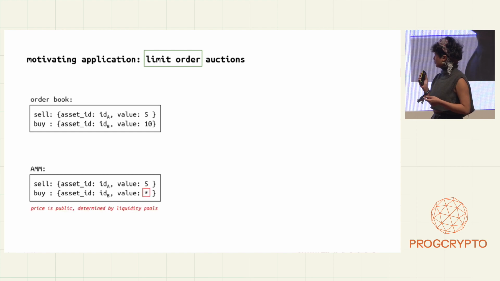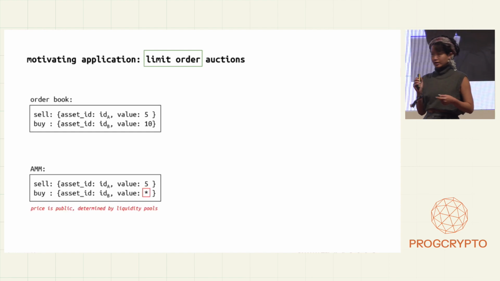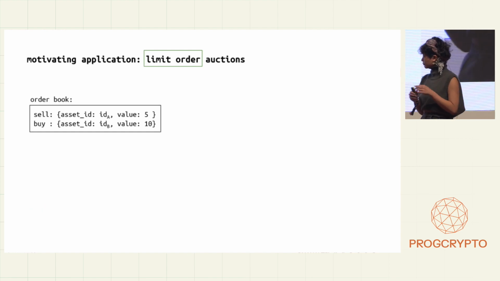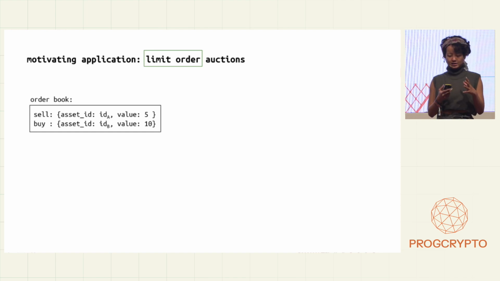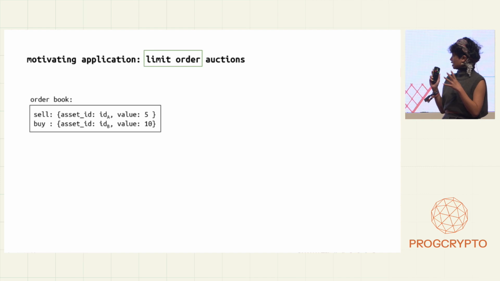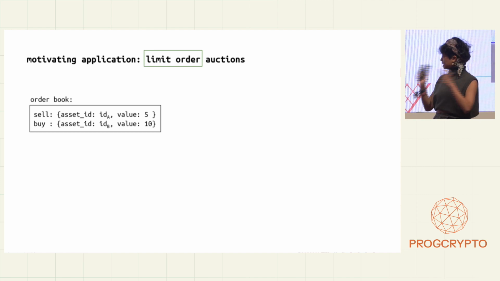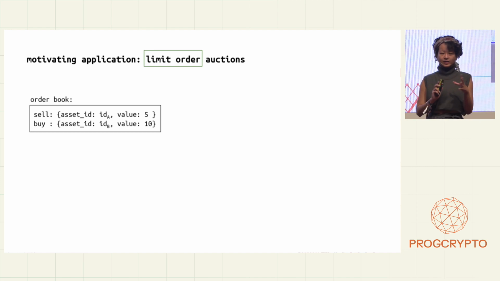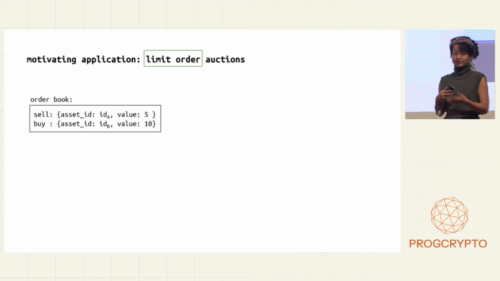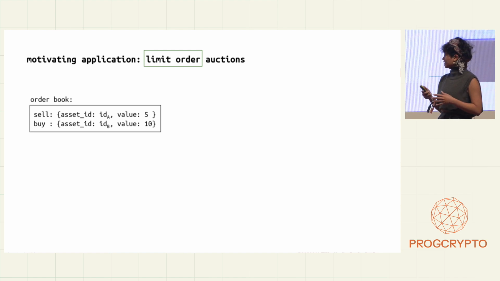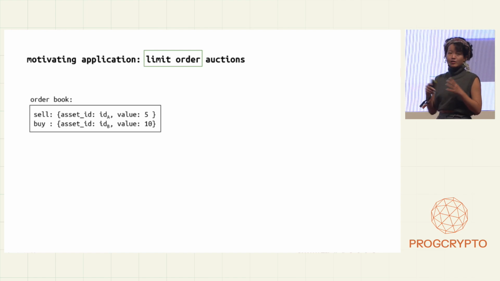I'm sure you are also familiar with the limit order auction. What a limit order is, is a commitment to sell a certain amount of an asset in exchange for a certain amount of another asset. There are many variants of limit orders.